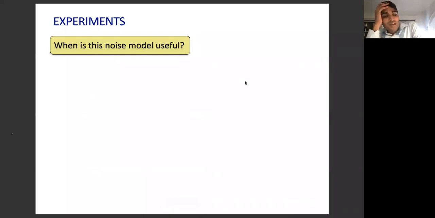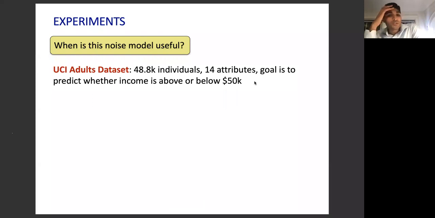So let's ask this qualitative question, which is, when is this noise model useful? Which is, I think, what the question was getting at. First, there's the standard data set that a lot of people in fairness use. It's a very simple data set. There are more complicated ones too, but it's the UCI Adults data set. There are about 50,000 individuals, each of whom you think of as a data point.